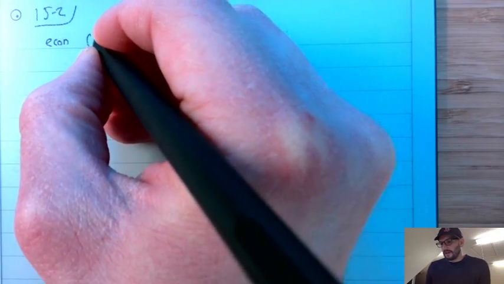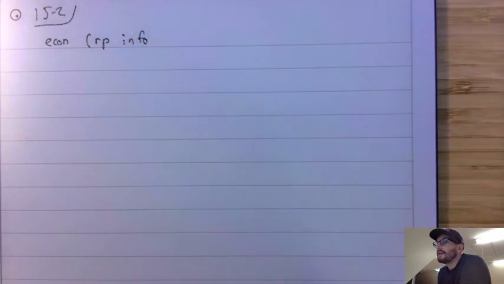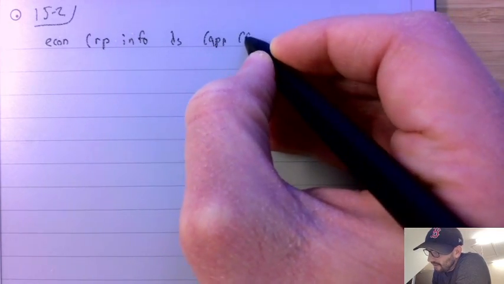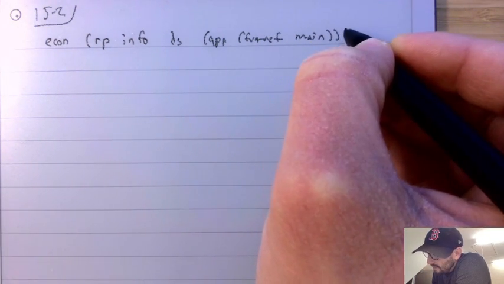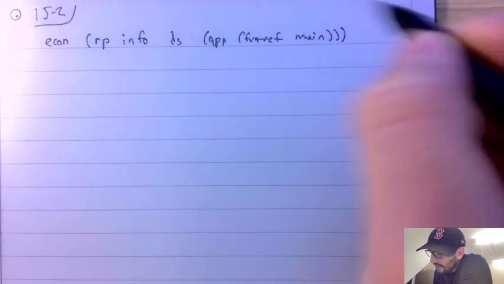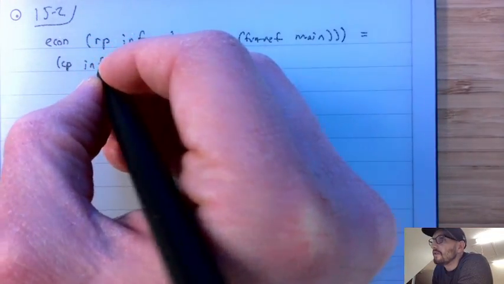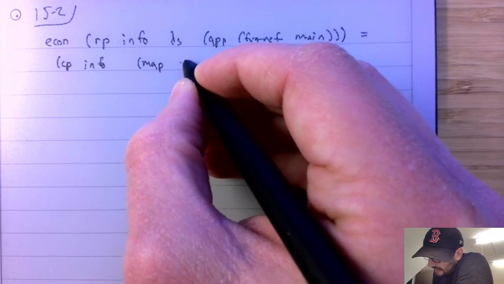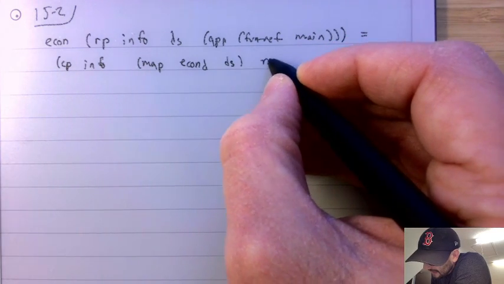When we call econ on an R program with some info and some list of definitions, and then of course an application of the funref main, then what we'll do is we'll turn that into the C program with the same info, where we're going to call econ D on each one of the definitions, and then stick in the name main.